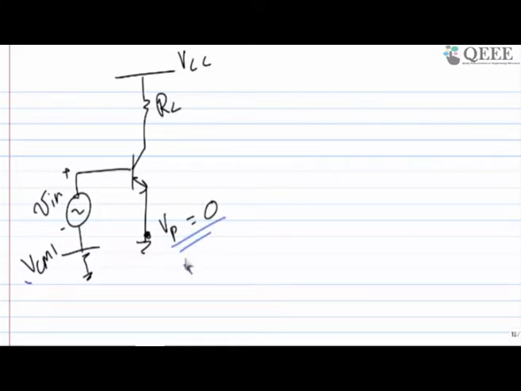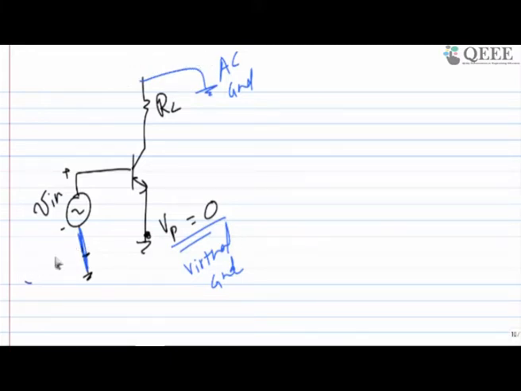So I took it because of virtual ground. It's AC virtual ground. We also agree that wherever there are DC quantities, we are going to call them AC ground. So ultimately this will be the circuit, nothing else. You are going to see only this one.